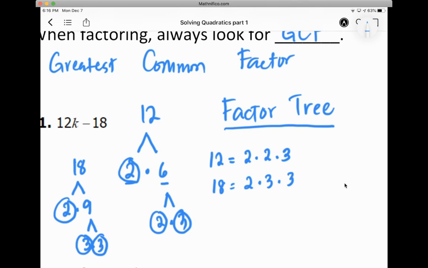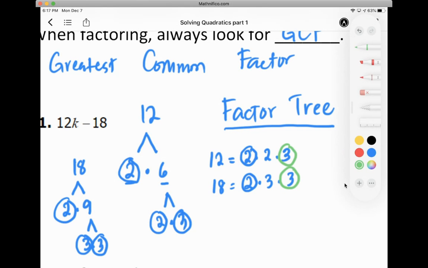Now how do you solve the greatest common factor of 12 and 18? If you look at it, we have 2 as common, and we have 3 as common.